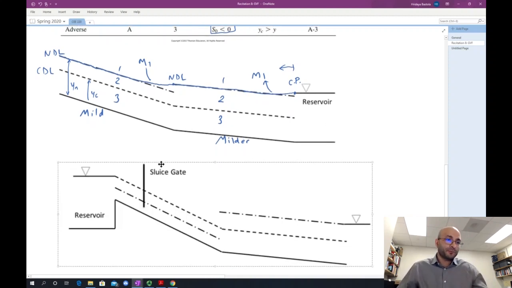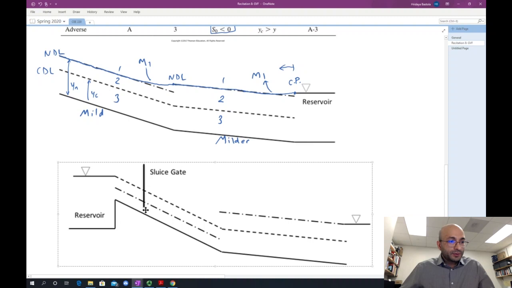So here you have an upper reservoir leading water into a steep channel, and at this point downstream the channel slope gets mild, so you have a mild channel following the steep channel, and then it ends up at a lower reservoir.